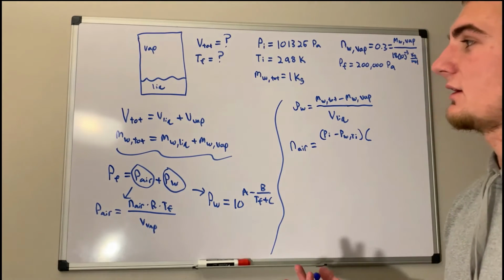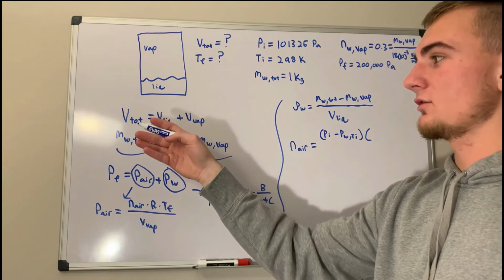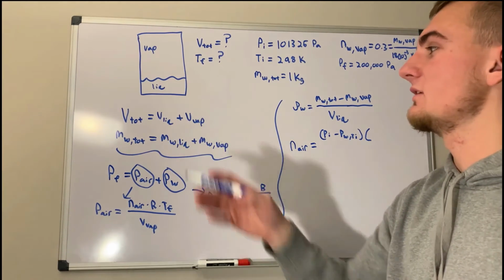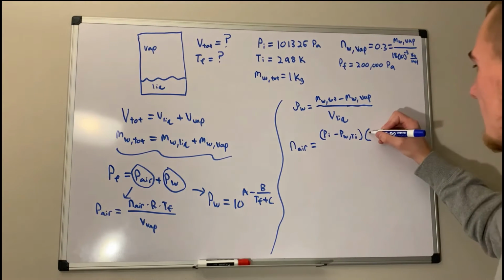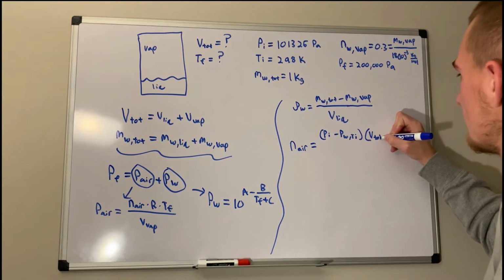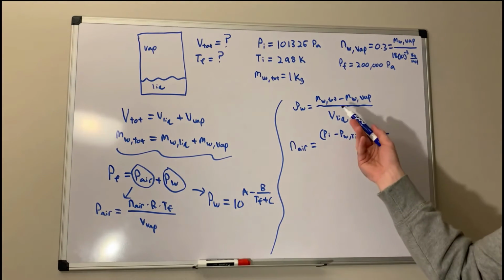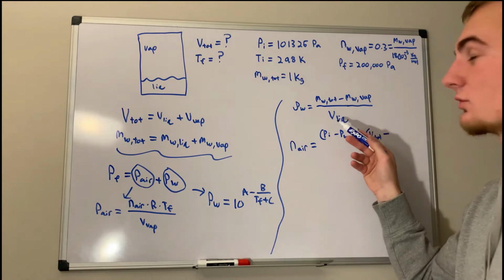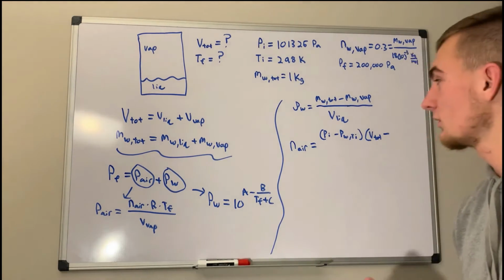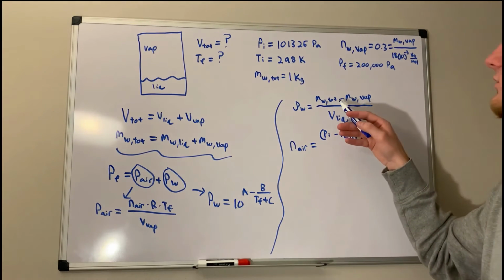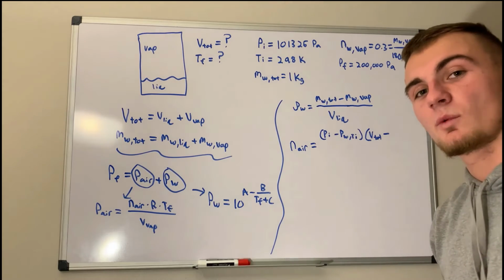However, what we can say here is that the volume of the vapor phase equals the total volume minus the volume of the liquid phase. So we can insert that here. So we'll have the total volume, and we know that the volume of the liquid phase equals the mass of water total minus the mass of water in the vapor phase divided by the density of water.